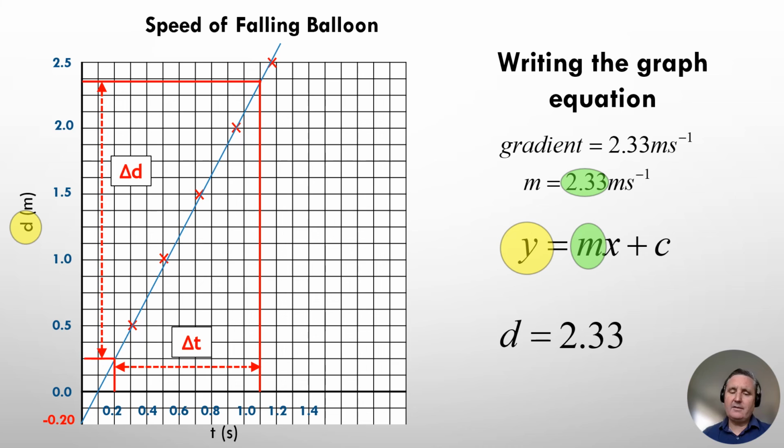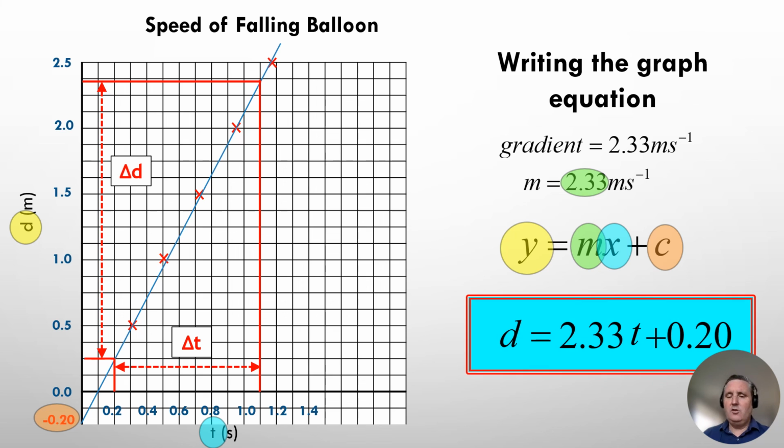Instead of putting x, remember that's the variable from the x-axis, I'm going to put in time. And if I need to put an intercept, and in this case there is one, I'm going to put it in. It's not always needed, depending on what type of exercise you're doing. But here's the intercept, c, and I'm going to put that down here in my graph equation. So this is my graph equation.